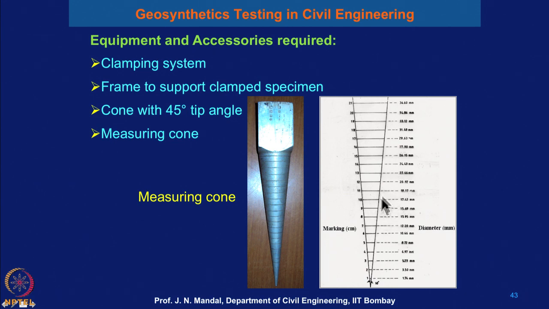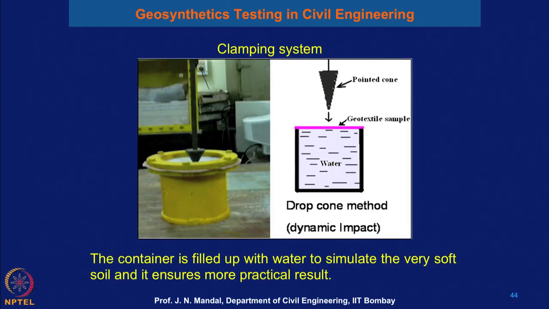This is the diameter in millimeter that is given, so this marking tells you the damage of the geosynthetic material.